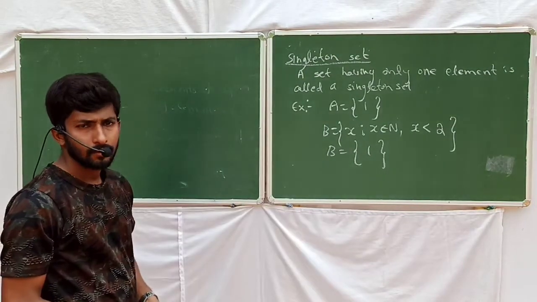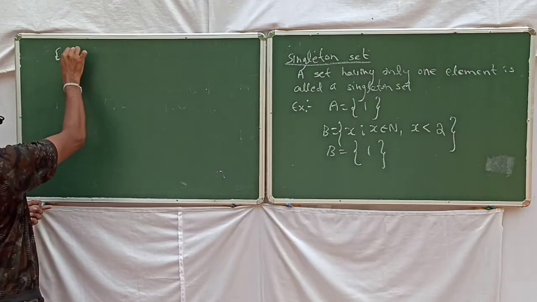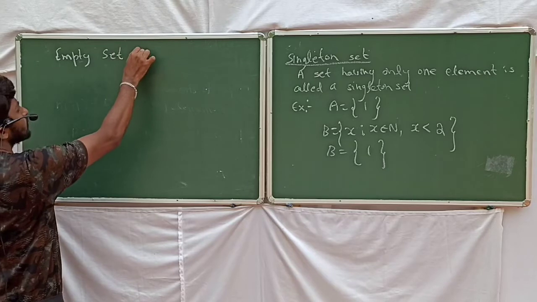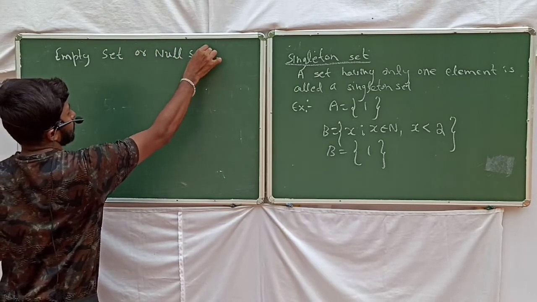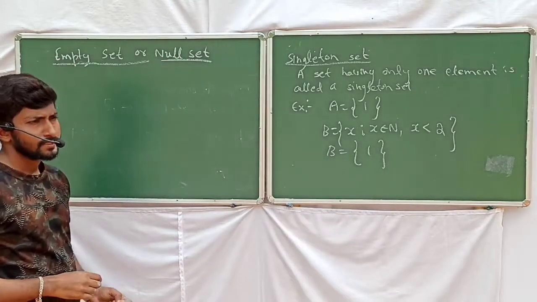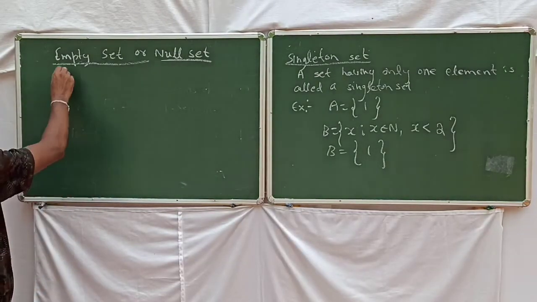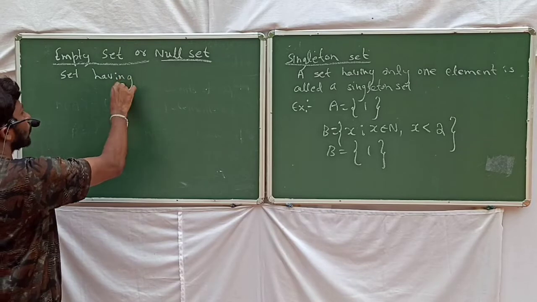Next is the empty set or null set. A singleton set means it has only one element. Empty set means a set having no elements.